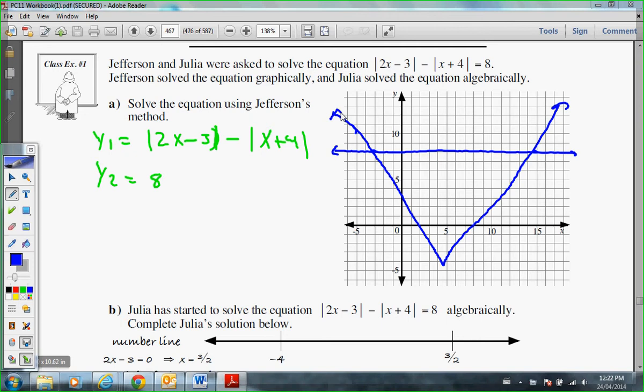And again, we're looking for the intersection points. So we still hit second, trace, number 5, which is intersect on your calculator. I'm just going to do the one on the left. First curve, second curve, guess. The one on the left is -3.